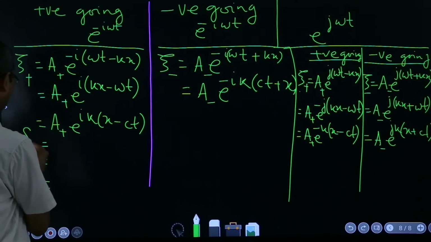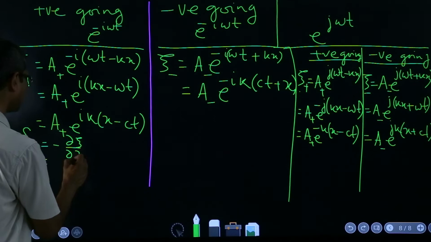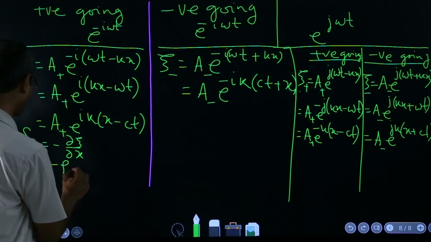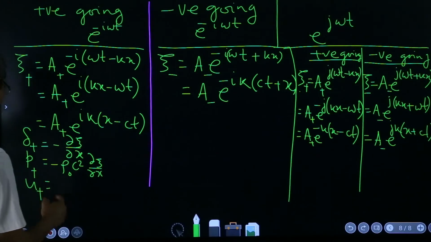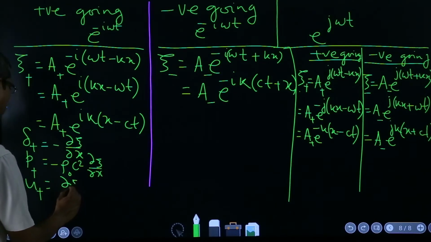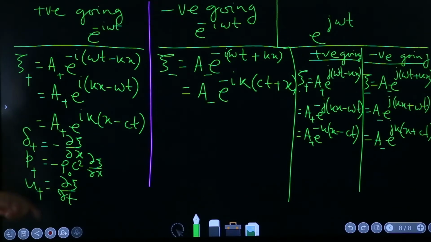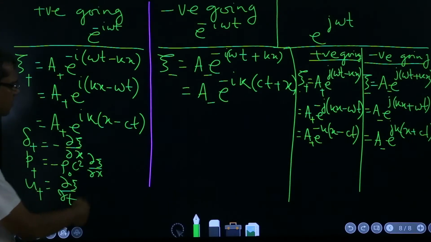From where you can write, this is nothing but minus of d xi over dx, right? And similarly this is nothing but rho naught c square d xi over dx, and this is nothing but d xi over dt. Fine. Because I have written xi for all the cases, now you can find them out for both plus wave and minus wave, because they are functions of xi only.